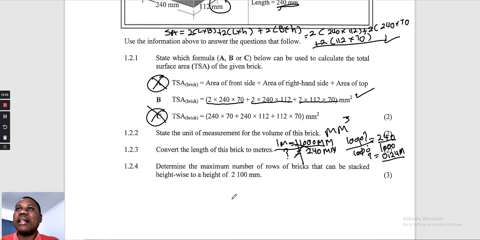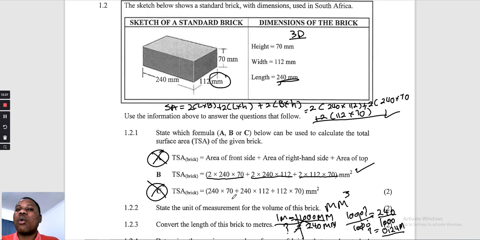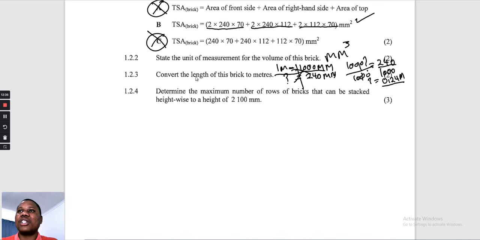Bear in mind that one brick has a height of 70 millimeters, and the total height that we have is 2100 millimeters. So we want to see how many 70 millimeters will fit in a height of 2100.